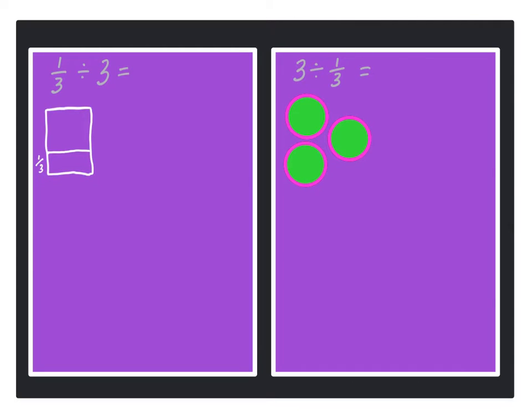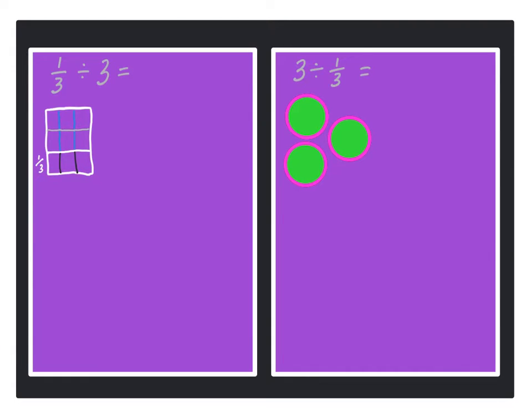So the first thing we're going to do is we're going to look at the picture. So I have 1/3, and I need to split that into 3 equal sections. Here and here. But I'm actually going to extend all of my lines to show what it looks like with the whole thing. Here.